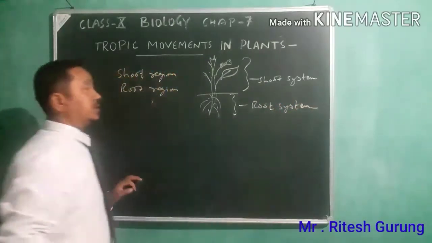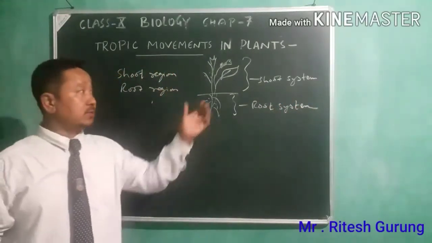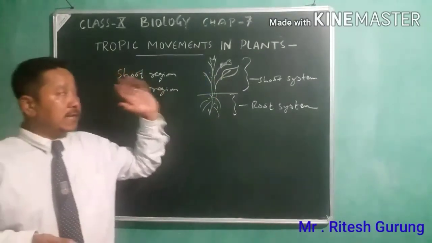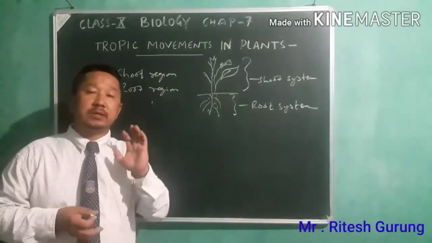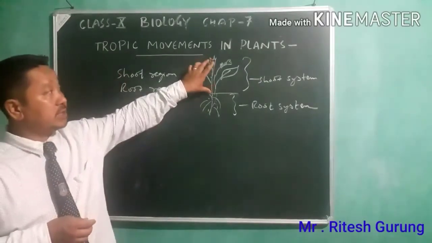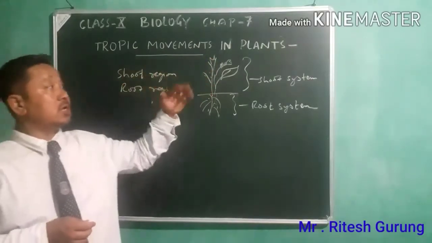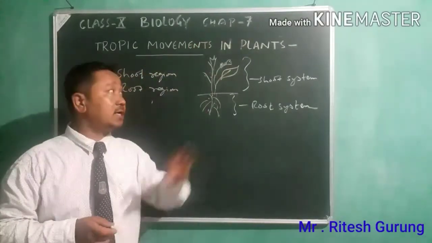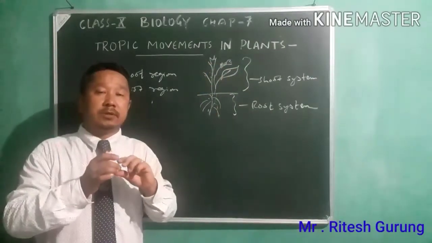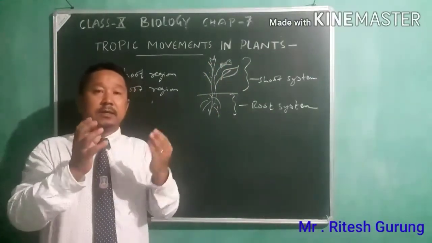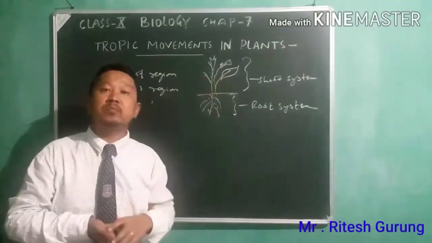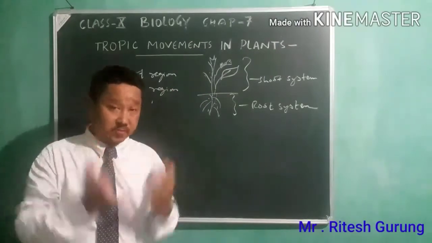Both the systems show movement, and that movement should be in the right direction, which means the shoot system must grow towards the source of light, so that the leaves present in the shoot system can entrap maximum sunlight and perform photosynthesis to prepare food.